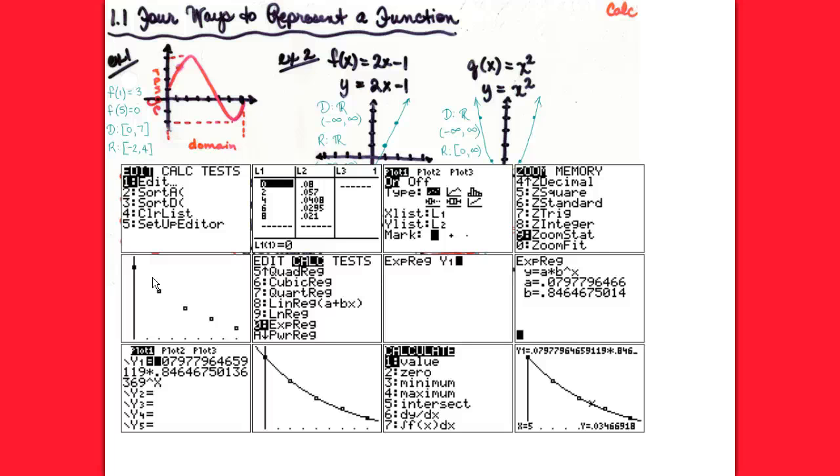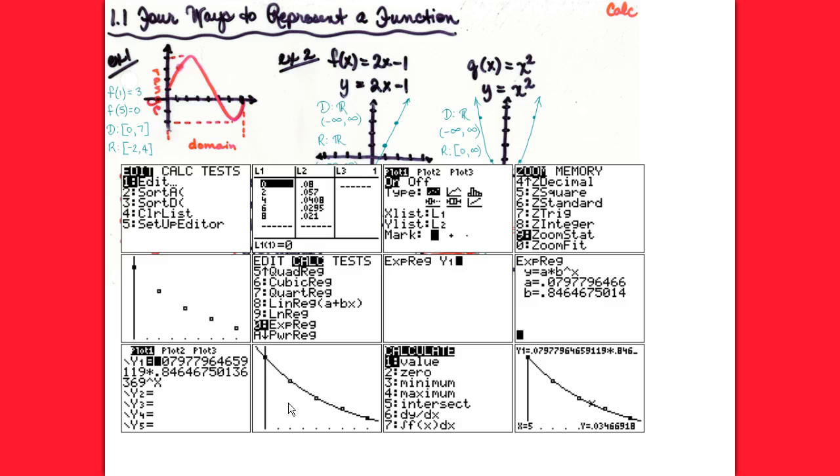So here's our exponential function. I'm going to choose exponential regression then. So I go to statistics and use my right arrow key to go over to calculate and go down to exponential regression. If I also enter y1 after that, it'll automatically load the equation in y1 for me, so I don't have to. So it gave me the regression and auto-loaded it in y1, and there is the graph of that equation. Okay, so here's the deal.